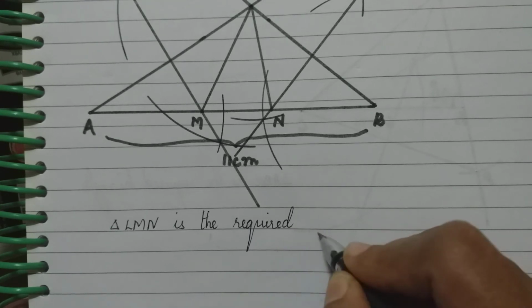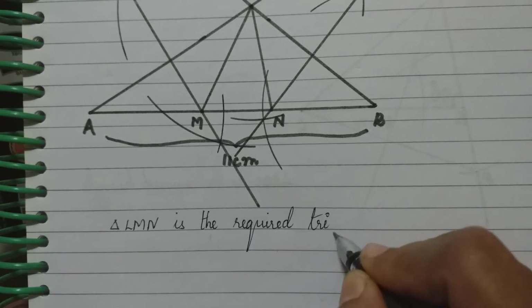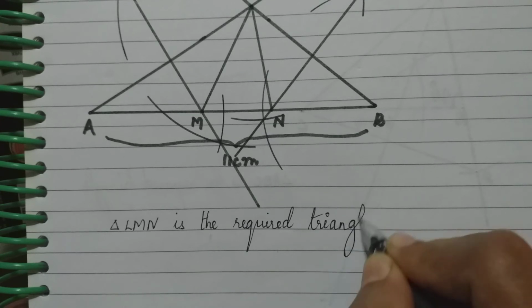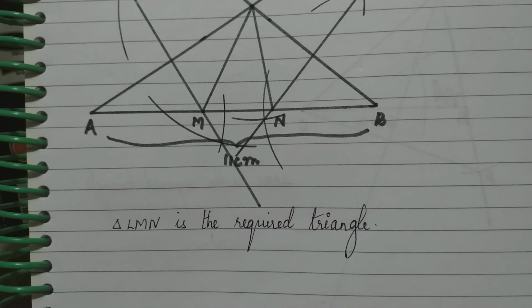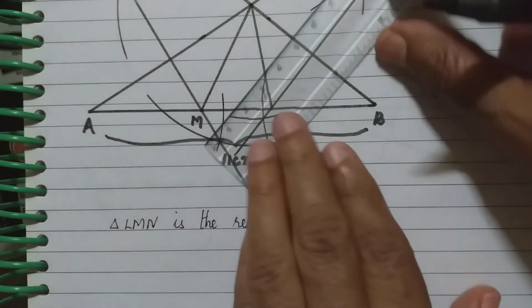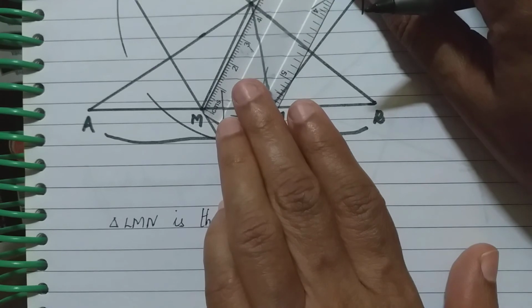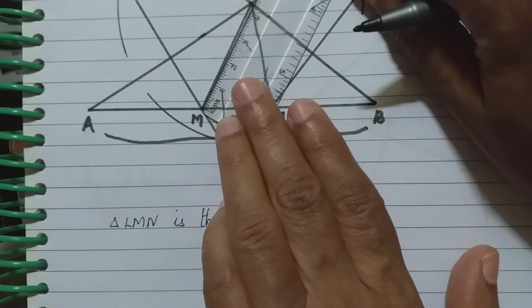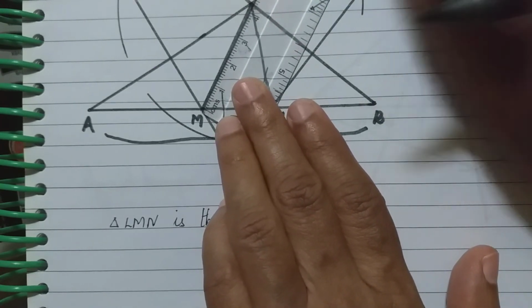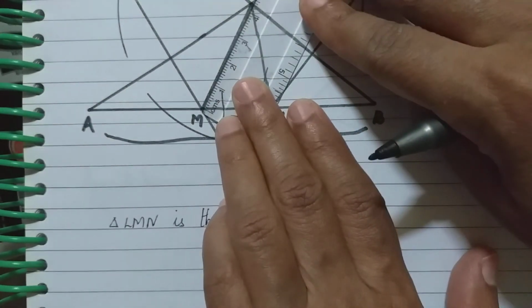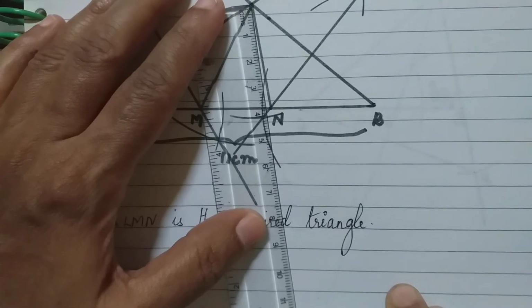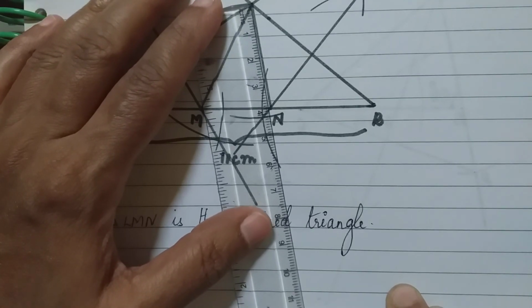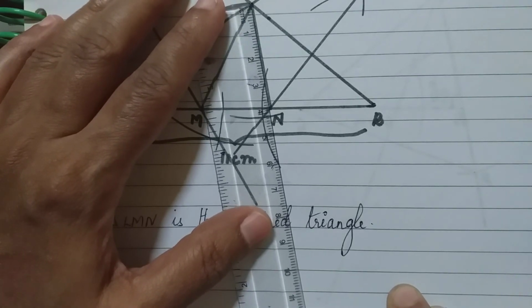After that, we confirm whether the triangle is right by checking the lengths of the sides of the triangle LMN and adding the lengths of all of them. Now here we keep the scale and see the length. It is 4 centimeters, and again here it is 4 centimeters.